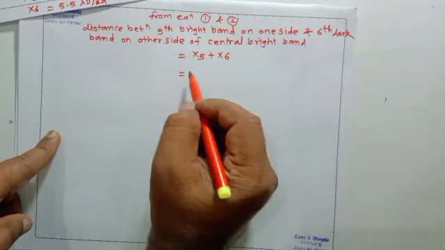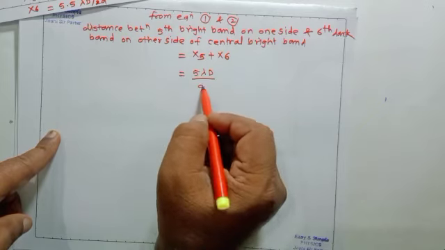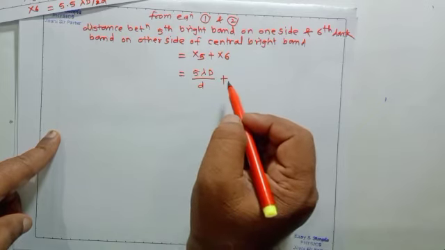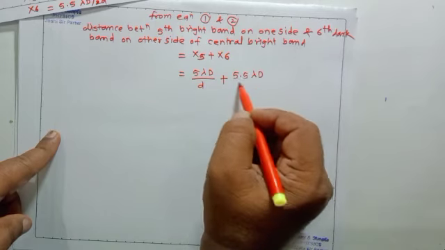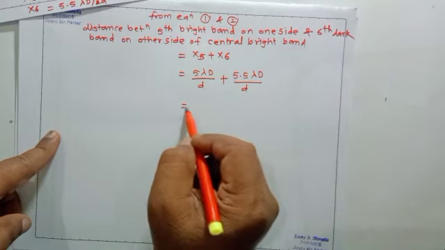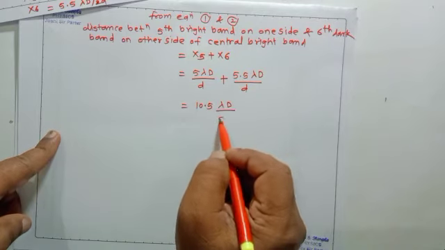So from equation 1 it is 5 lambda capital D upon small d plus 5.5 lambda capital D upon small d. So it is 10.5 lambda capital D upon small d.